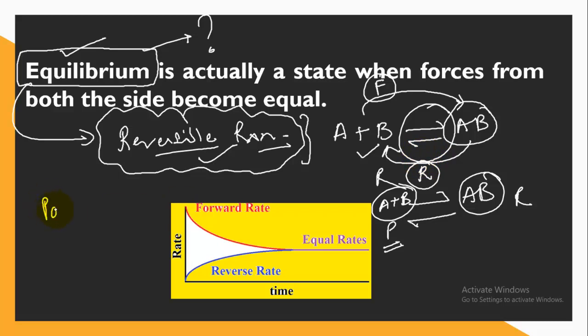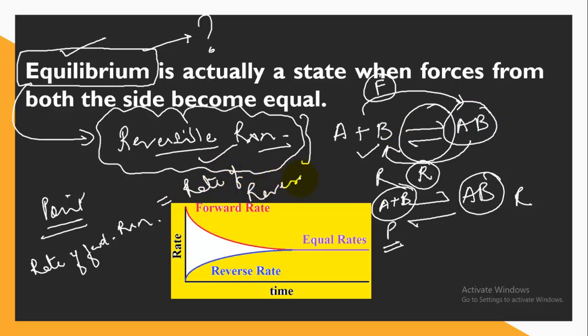A point is achieved after some time when the rate of forward reaction, the speed with which A and B are getting converted into AB, becomes equal to the rate of reverse reaction, the speed with which AB is dissociating back into A and B. That point is called equilibrium.